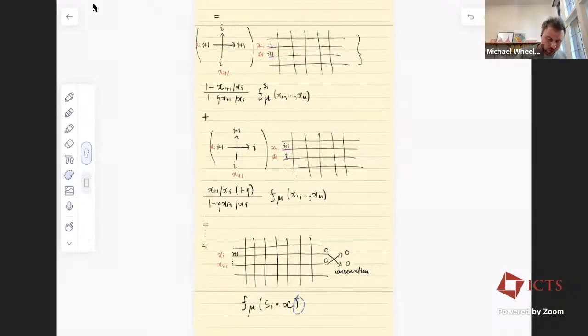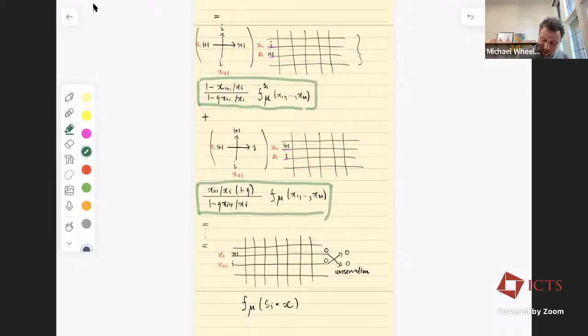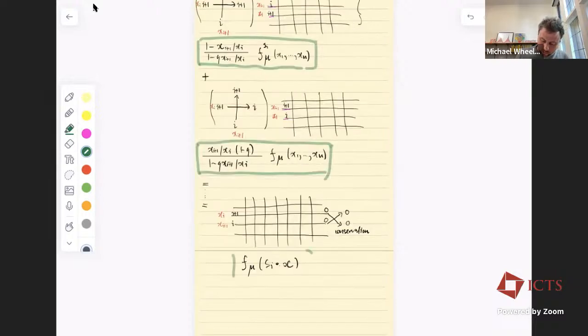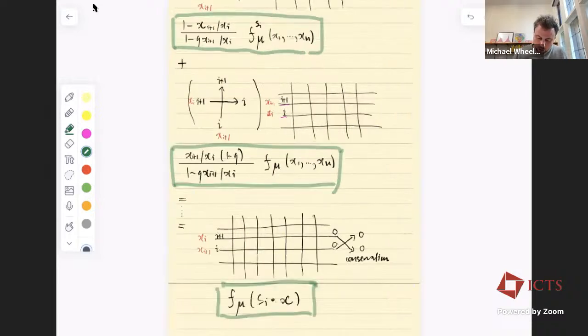So just stripping it down to the actual functions themselves now, we have that this thing plus this is equal to this. So this begins to resemble very closely the Hecke generator that we defined just above.